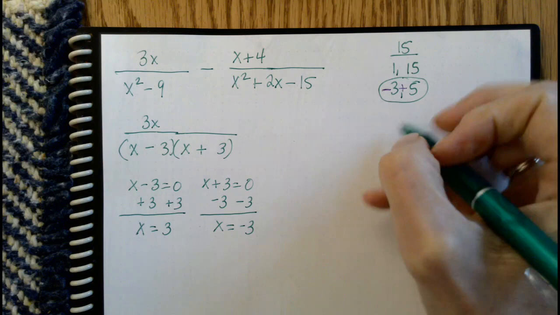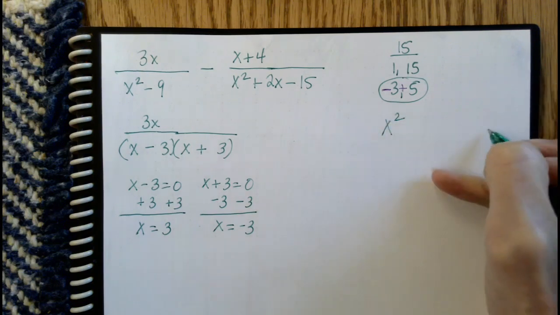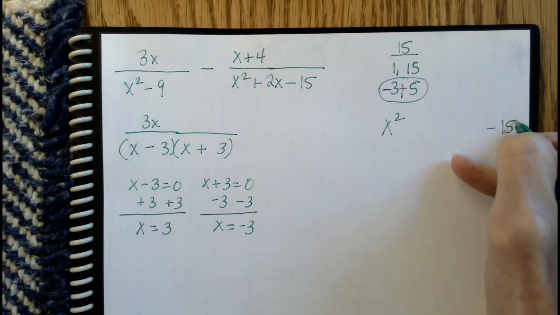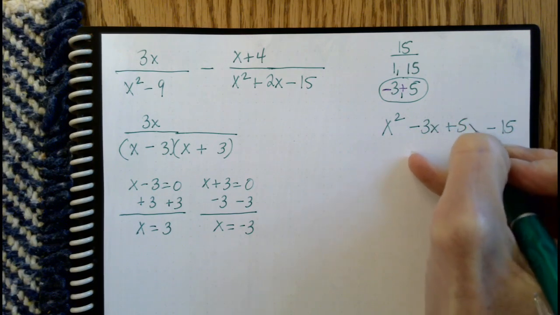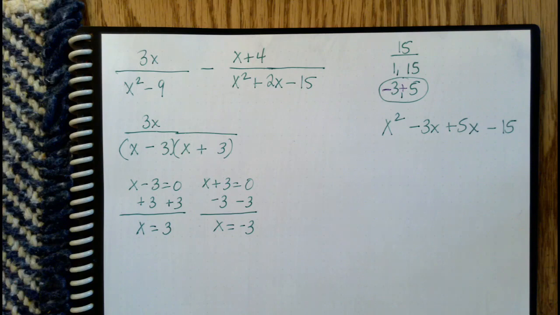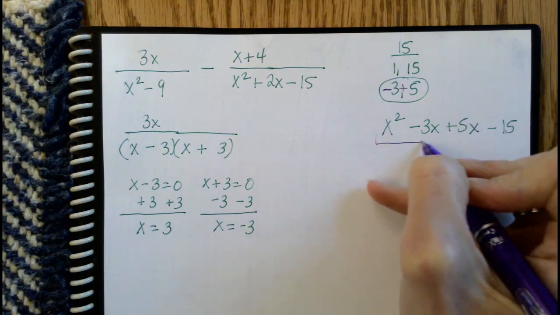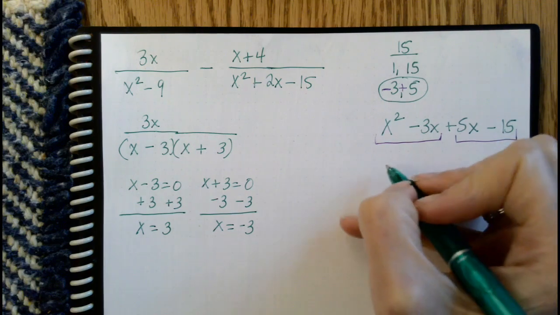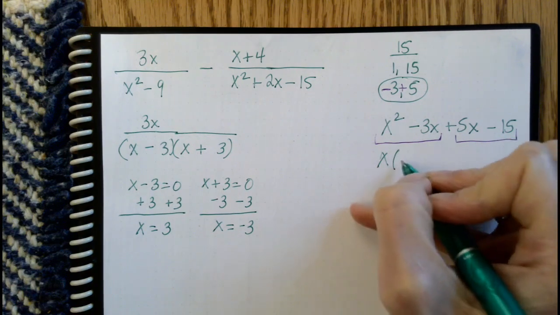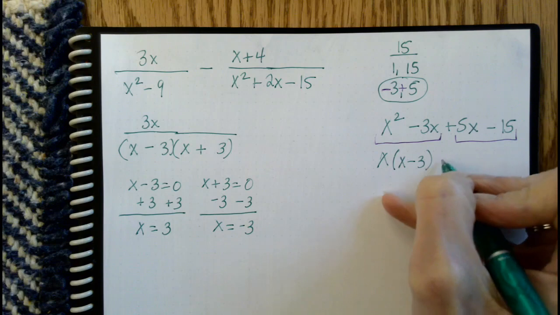So when we split the middle here, we've got x squared, and minus 15, and then it's going to be minus 3x plus 5x. And when we group these together, here's a group, and here's a group. The greatest common factor in the first group is x, and then we're left with x minus 3.